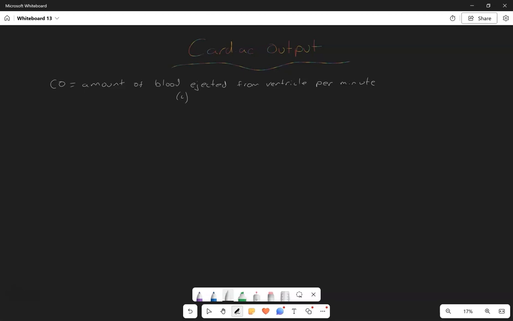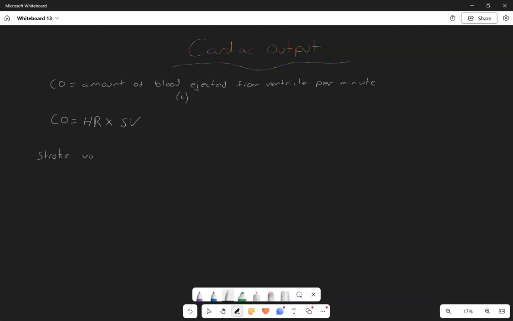Okay, so remember that our cardiac output is the amount of blood that's ejected from the ventricle per minute. And so that means that we have to look at the number of cardiac cycles per minute, which is our heart rate. Okay, and then we have to take and multiply that by the amount of blood that is pumped out per cardiac cycle, which we call our stroke volume.